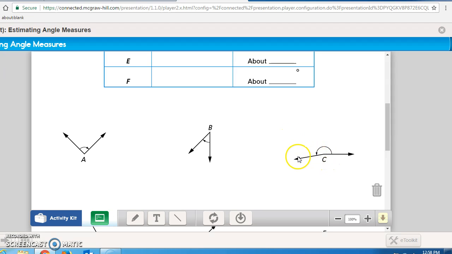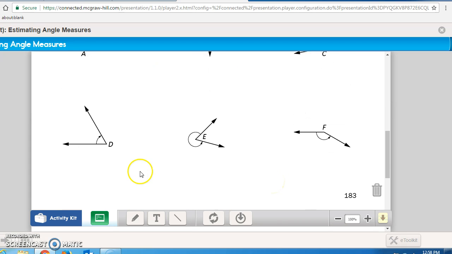But anything beyond 180 degrees is called a reflex angle. Again, for D, you're measuring on the inside. But look at E. It's all the way around the outside. And F again, if you look back at my example that I recorded, you should be able to figure these out. Pause the recording, get out your SRB if you need it, and do page 183. Then bring it up to me so that I can check it.